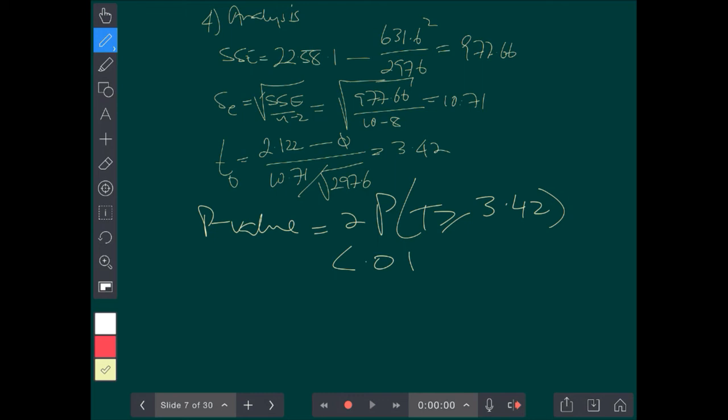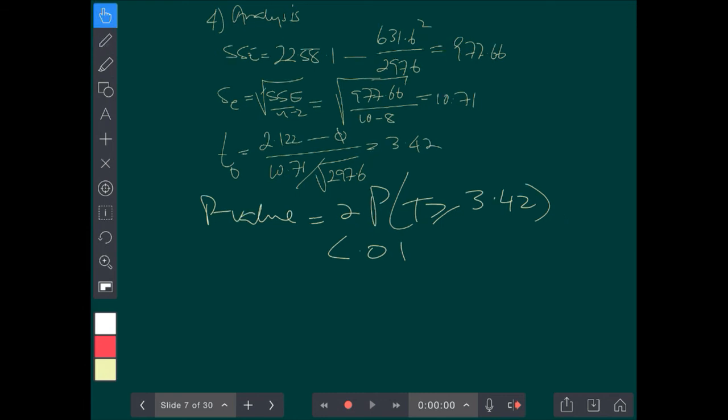So if we keep going to get to 3.42, then the area in the tail must be less than 0.005. And when we double that, we get less than 0.01. So that's our p-value right here.